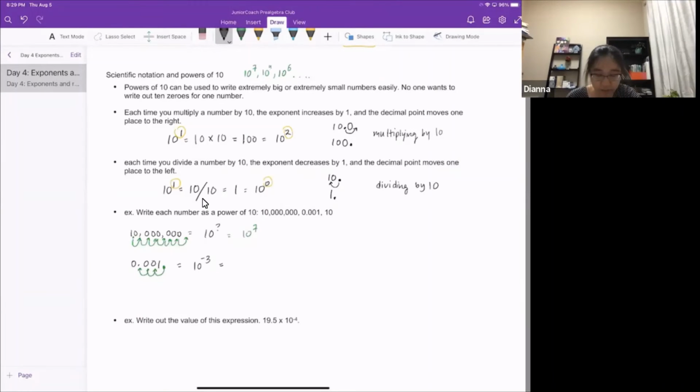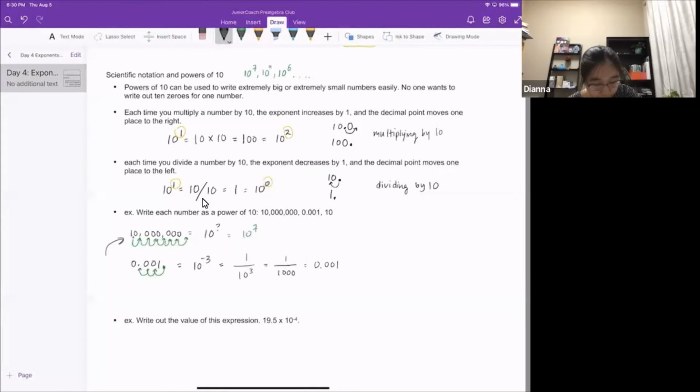If we want to check ourselves and use the negative exponent rule, this would be 1 over 10 to the positive 3, right? Which is 1 over 1,000. And if I put 1 divided by 1,000 in the calculator, you're going to get 0.001. So that's how you know that you're right.